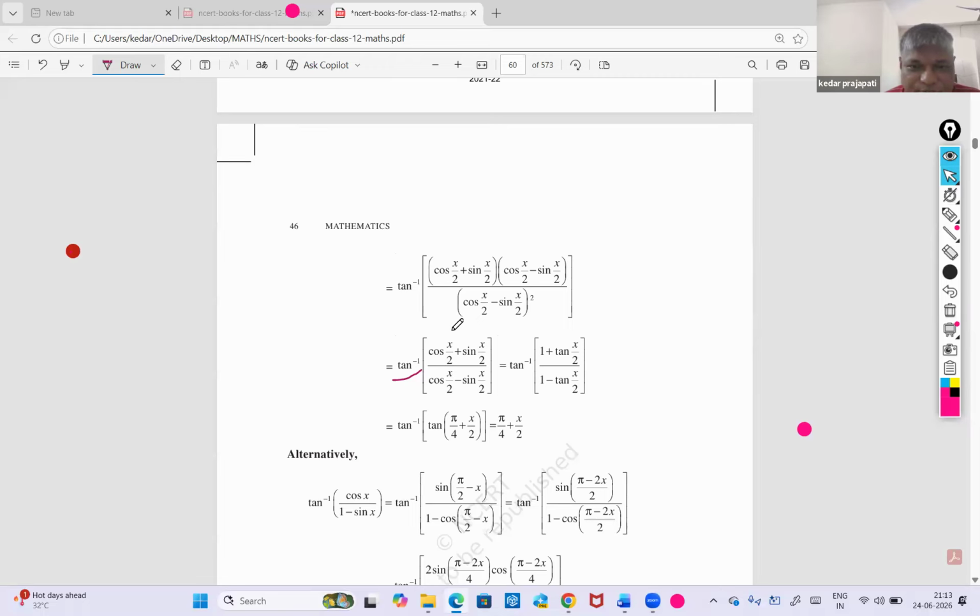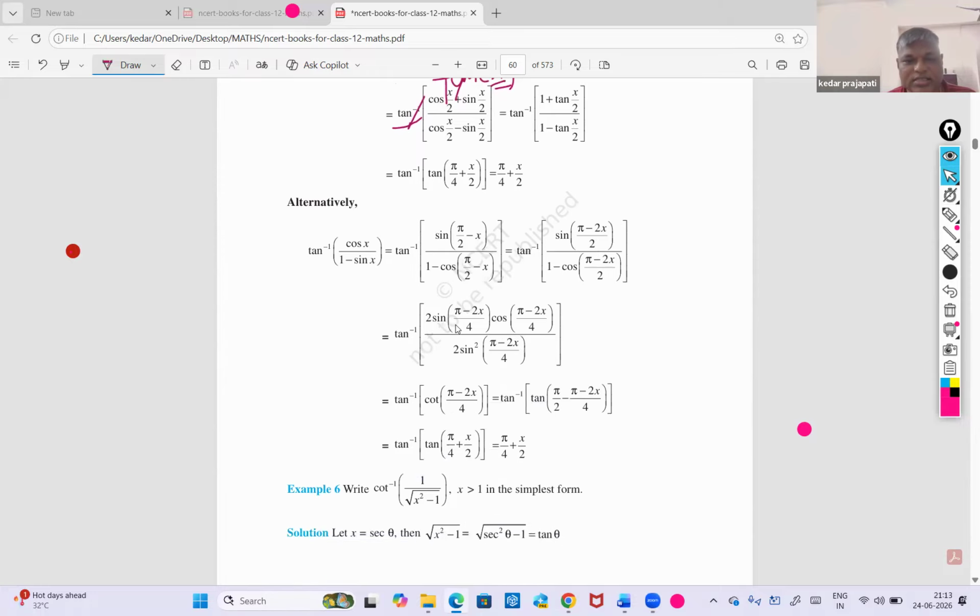It should be tan of something. If tan of something is coming inside, then only this tan and this tan will get cancelled out, and then the answer will be something. Clear?